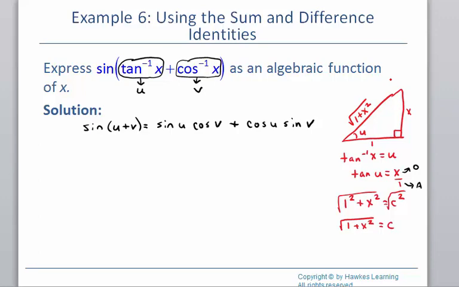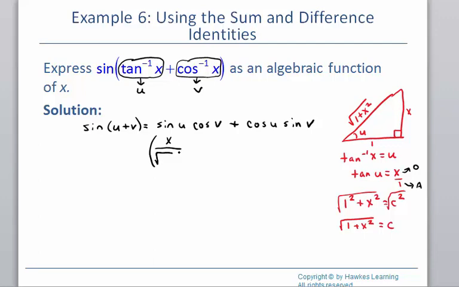Now, you may be asking yourself, does that really help us? It does, because remember that we're trying to write an algebraic function of x. So now, if I'm being asked to find sine u, for example, I can use my triangle, and I can say that sine is opposite over hypotenuse. And so I can fill in sine u. The opposite side will be x.